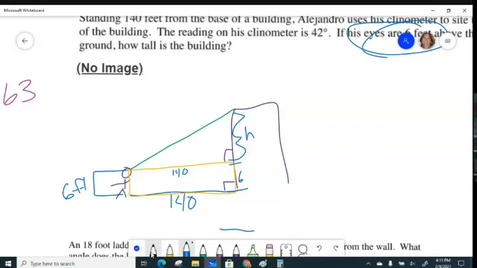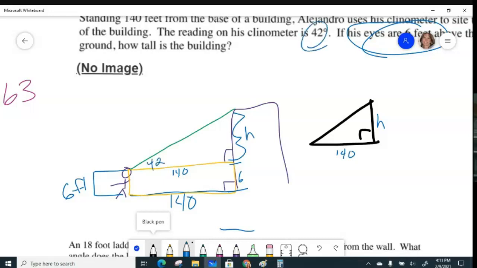Taking our triangle out a little bit, we have 140, and we're looking for this height. We have our angle measure, which I should have added in, of 42 degrees. Based on what we have, h is opposite and 140 is adjacent, so that's going to be tangent.